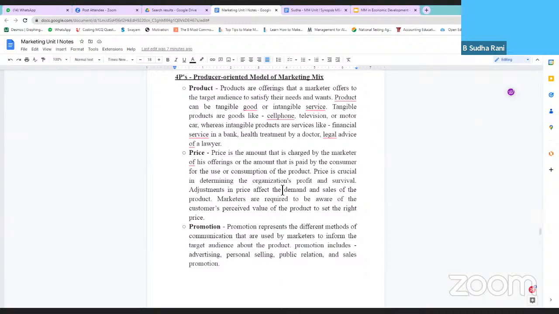Product is the tangible element through which the marketer tries to meet the maximum expectation of the consumer, satisfying the consumer, by taking care of the various dimensions of the product in respect of its features, performance, functioning, branding, labeling, everything.